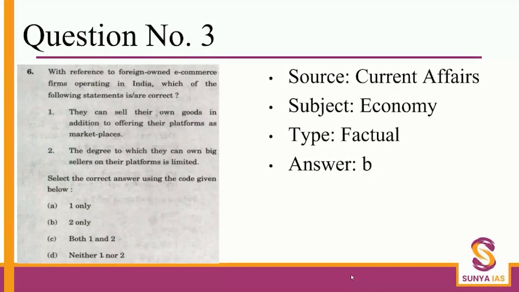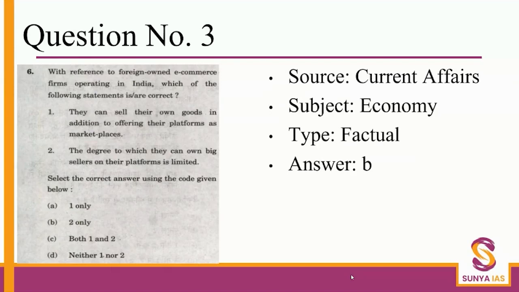Question 3. Again, this is related to current affairs. With reference to foreign-owned e-commerce firms operating in India, which of the following statements is or are correct? Here you have two statements. They can sell their own goods in addition to offering their platforms as marketplaces.